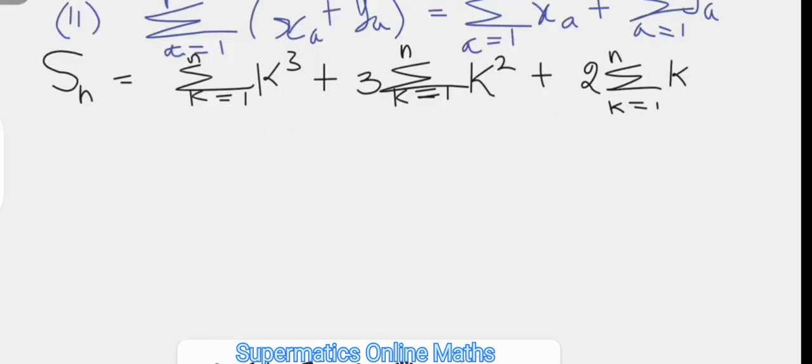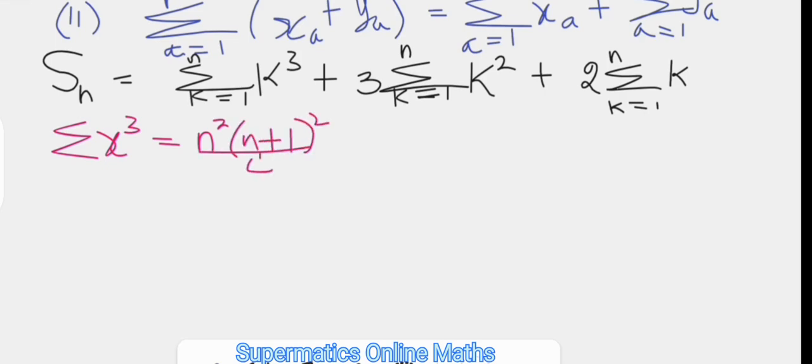Okay. At this point, we'll be making use of important sums. For instance, the sum of cubes, x cubed, is n squared times n plus 1 squared over 4.